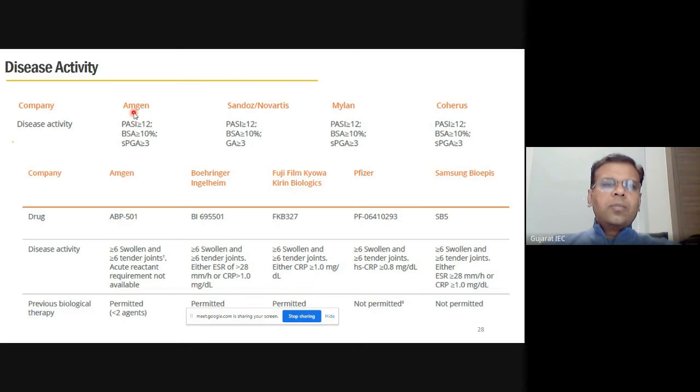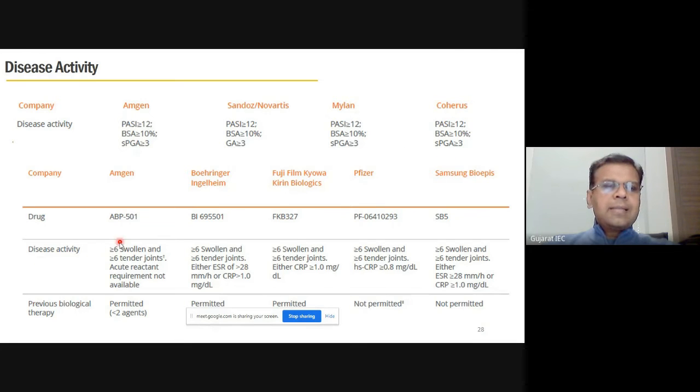If we compare all the adalimumab studies which are ongoing, Amgen is doing, Sandoz, Mylan, Coherus, they all are doing these studies. Then the disease activity is, they are enrolling only patients with more than 12. That's common for all. Body surface area is considered as 10 for all, and the SPGA is nearly 3.